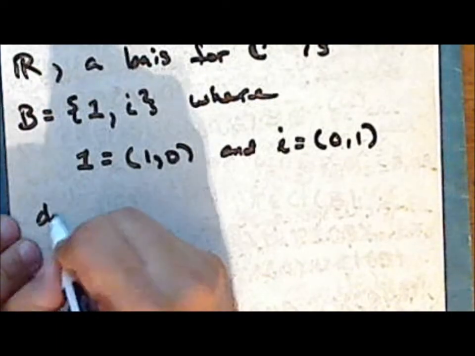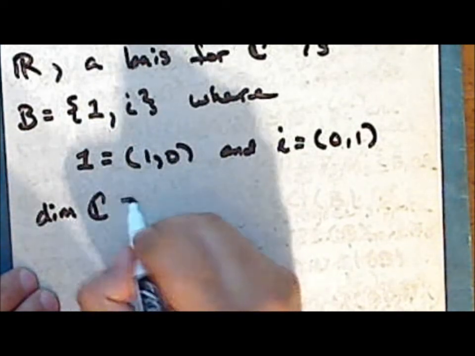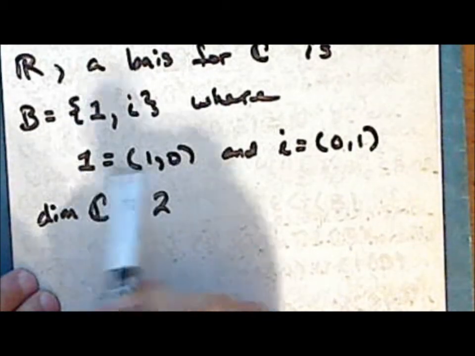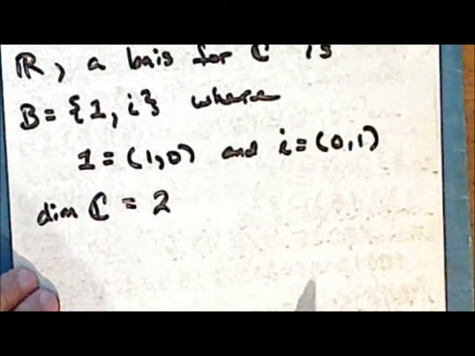So the dimension of the complex numbers as a vector space over the reals is 2. That is, every complex number is a two-dimensional object.